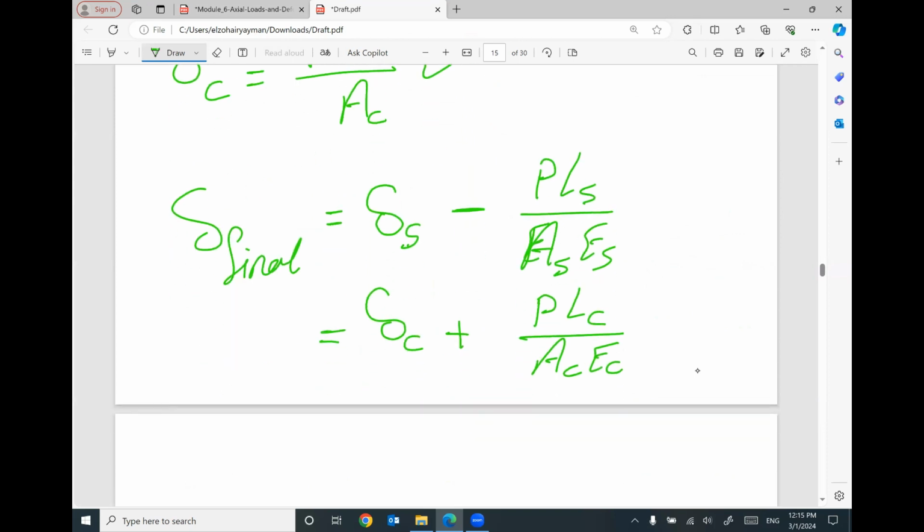Does that make sense? I would like to highlight this point one more time before starting to solve an example.